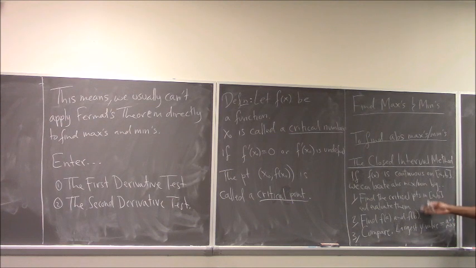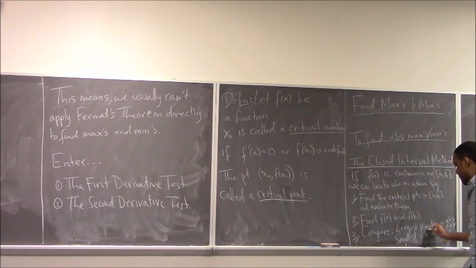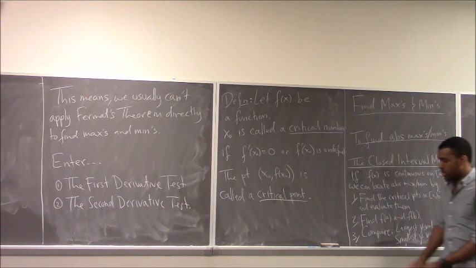So you'll have two sets of y values to compare, and the smallest y value is your absolute min. That's called the closed interval method.